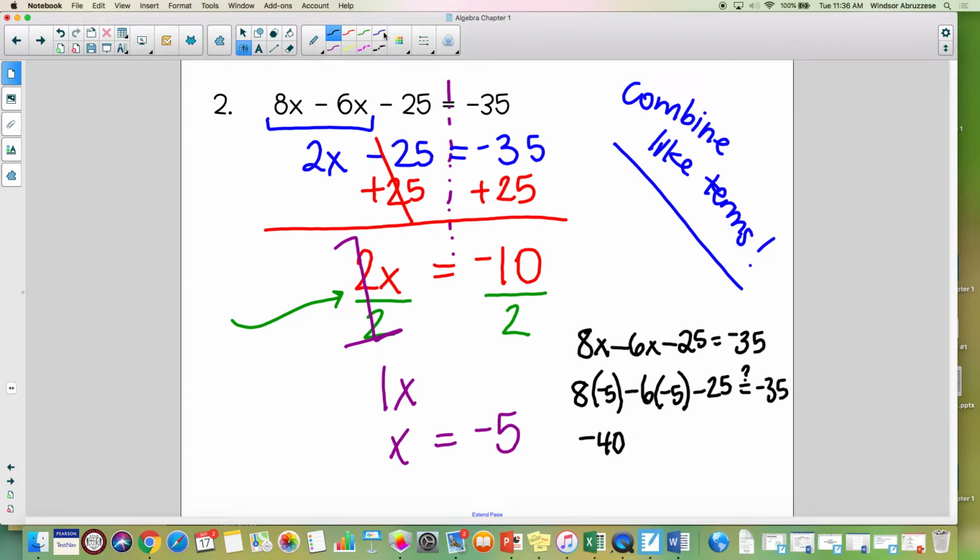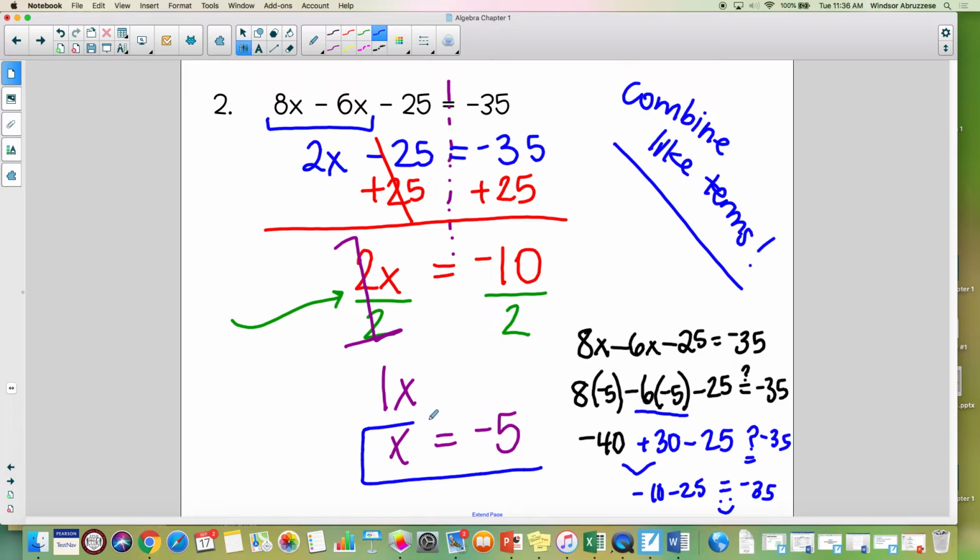Negative 6 times negative 5 is a positive 30, minus 25. Does that equal negative 35? Well, this is negative 10 minus 25, which is indeed negative 35. So we did it correctly. And let's box our answers so we know exactly what we're looking at.